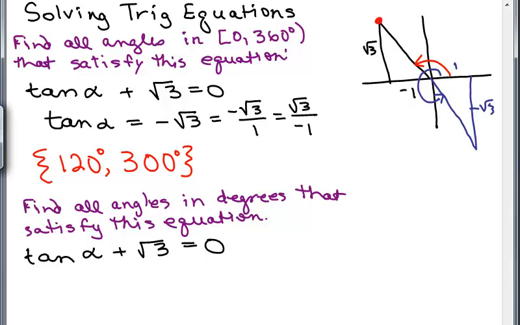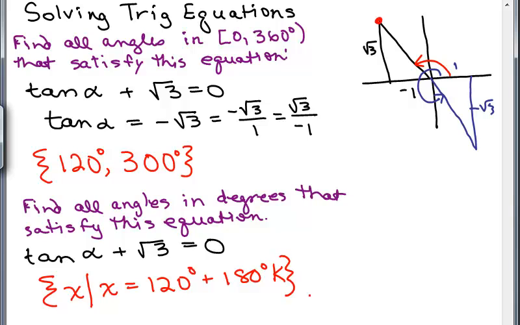This can be consolidated just as 120 degrees plus 180 degrees k. That way we get all the solutions in a consolidated form. It's more elegant, where k is an integer.